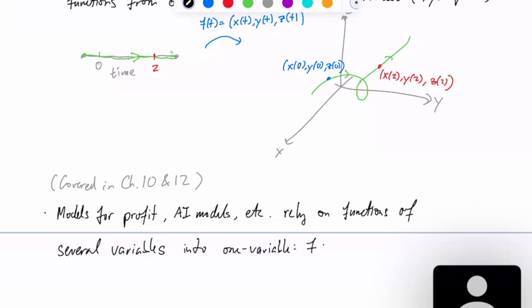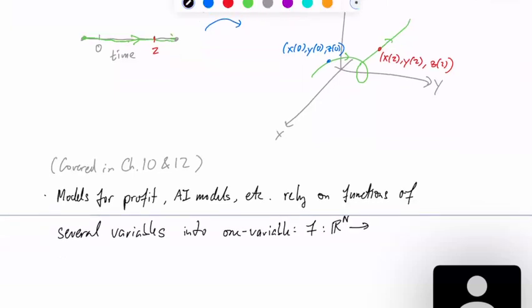So these are functions f that take values in some high dimensional n space. So R1 is just the real line, R2 is the plane, R3 is XYZ space, and Rn is just n-dimensional space, into R. All right, so like I said, your economic model for profit has a lot of inputs. Each of these inputs is a different dimension you can think of, and it spits out how much your profit is.